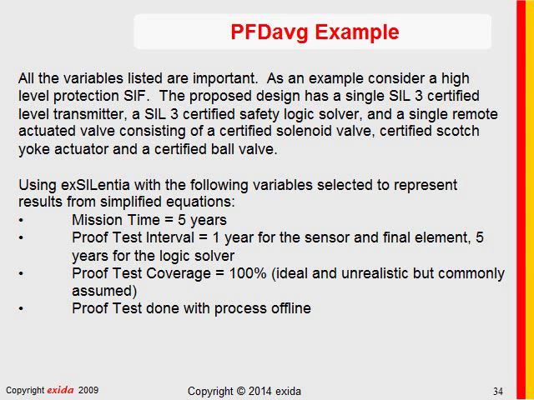At exida, we do failure mode effect and diagnostic analysis, and we have a whole web seminar on that subject. But when we're finished evaluating the automatic diagnostics, then we evaluate the effectiveness of one or more proof tests. So in many FMEDA reports, exida will publish an example proof test and give you a relatively precise prediction of proof test coverage.